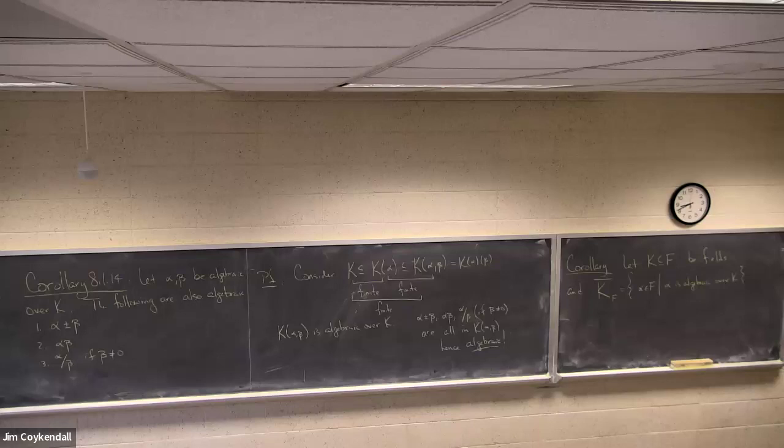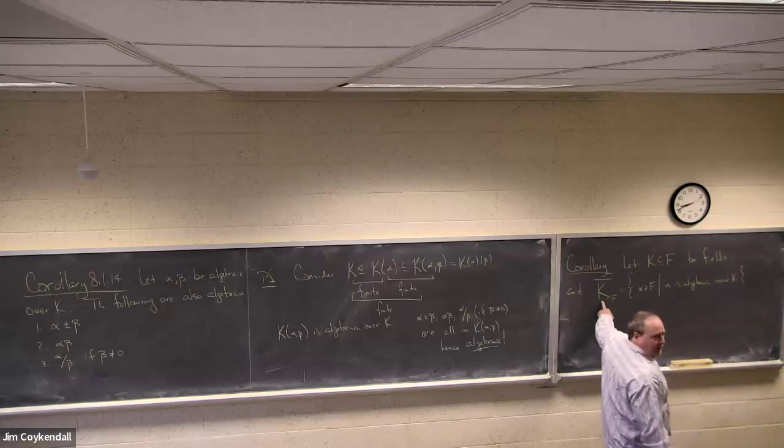So in particular, K bar F contains K. Otherwise, this would be a really stupid definition, right? So what you do is you round up all the elements that happen to be algebraic.